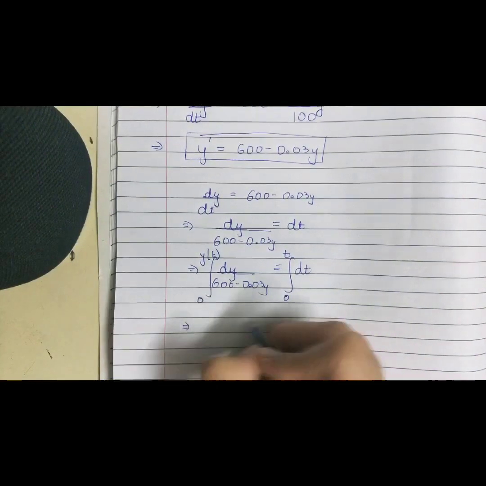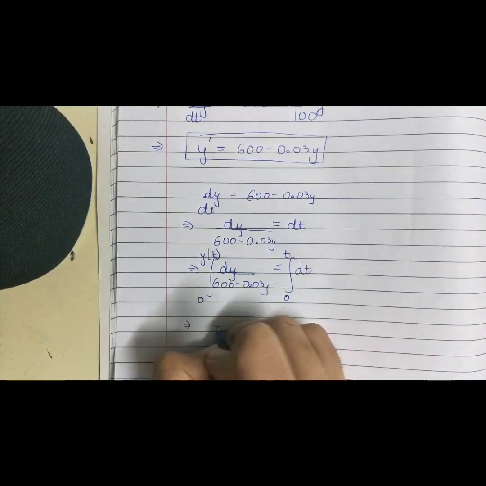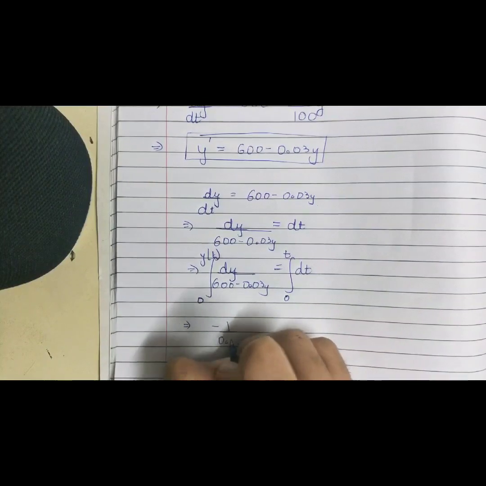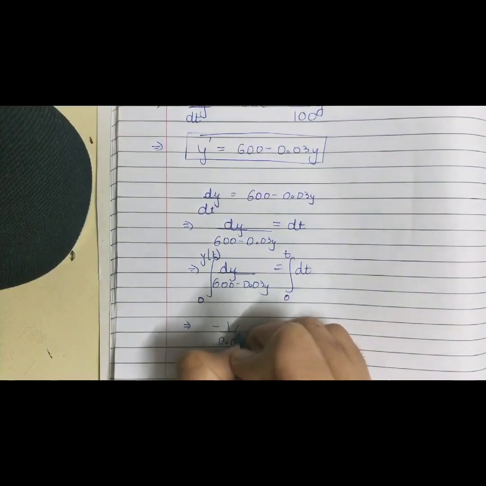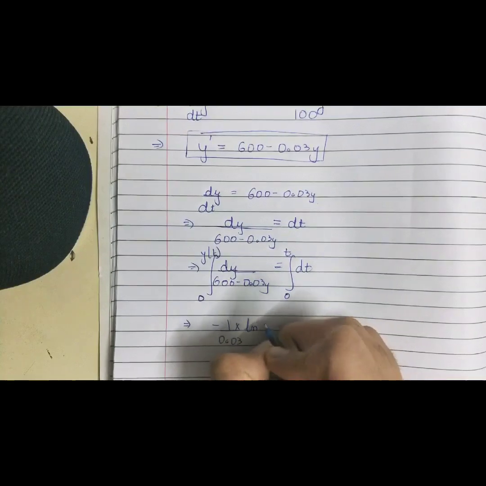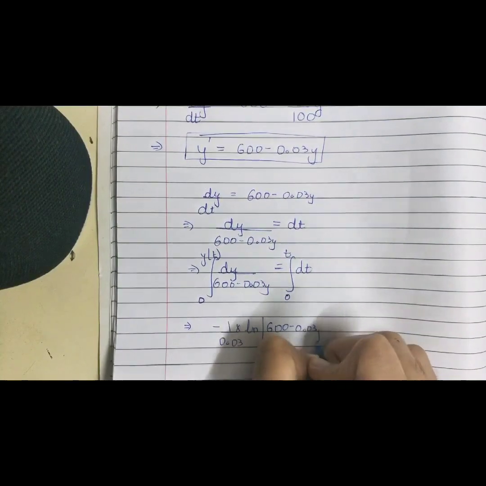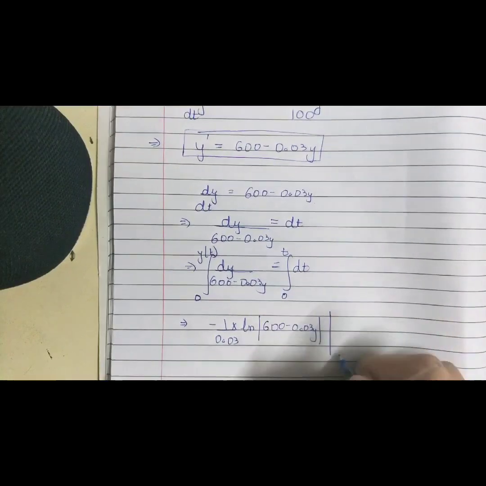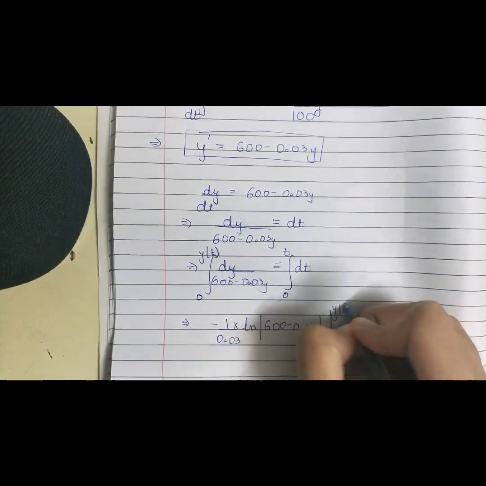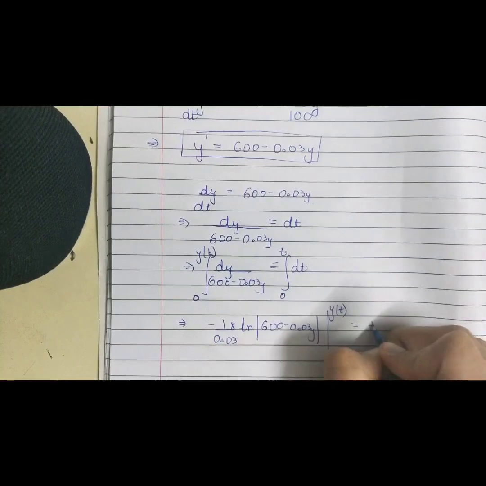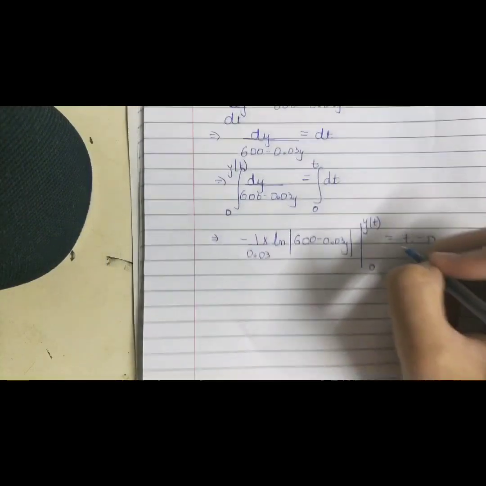So this gives us minus 1 upon 0.03 into log mod 600 minus 0.03y, with limits 0 to y(t), and this is equal to t minus 0.